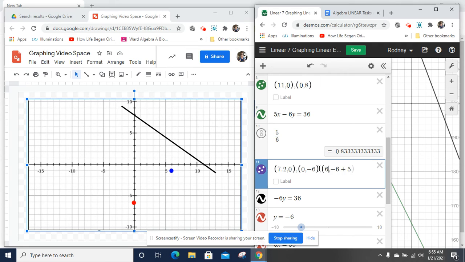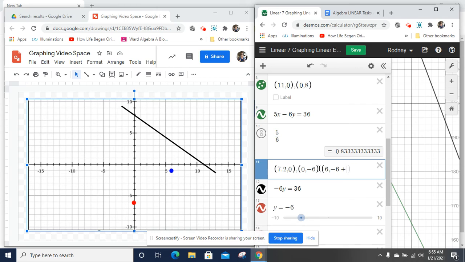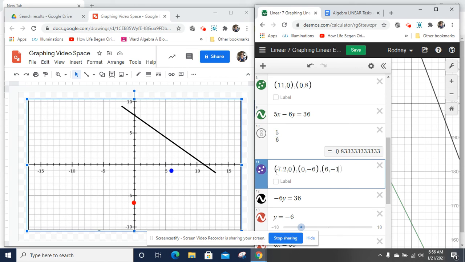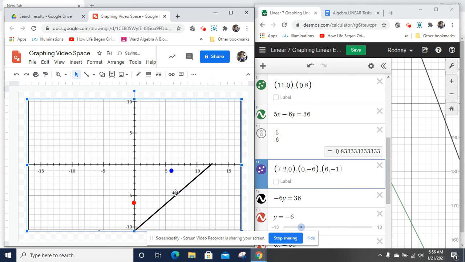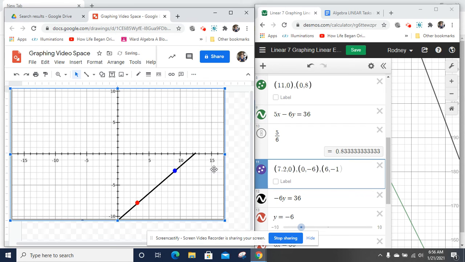That becomes 6. Negative 6 plus 5 becomes negative 1, and that's exactly where we are. I'll drag this around and maneuver it where it needs to be. I'll line it up and move it over, and there.